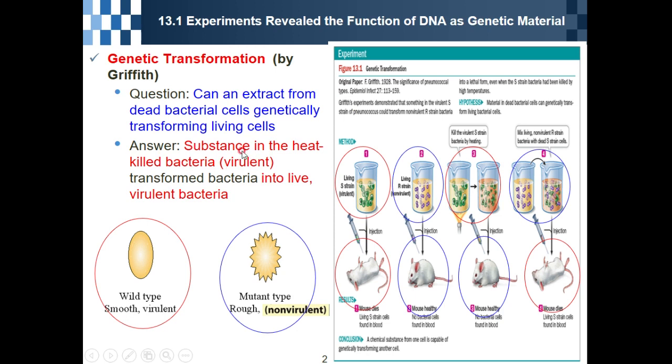At that time, Griffith didn't know what the substance was. He just wrote down that a substance in the heat-killed bacteria transformed the bacteria into live and virulent bacteria. Something is there in the substance.